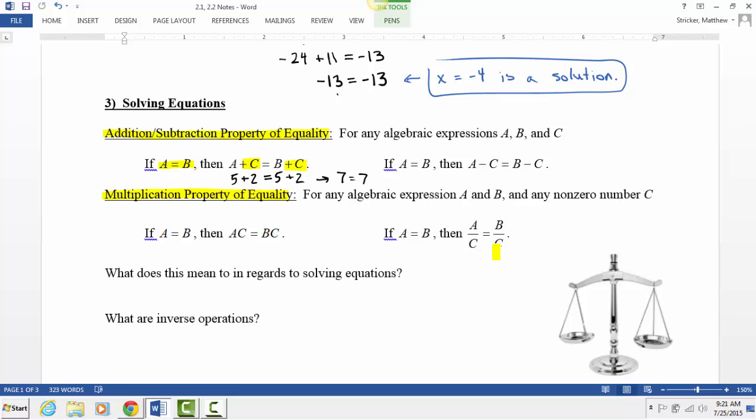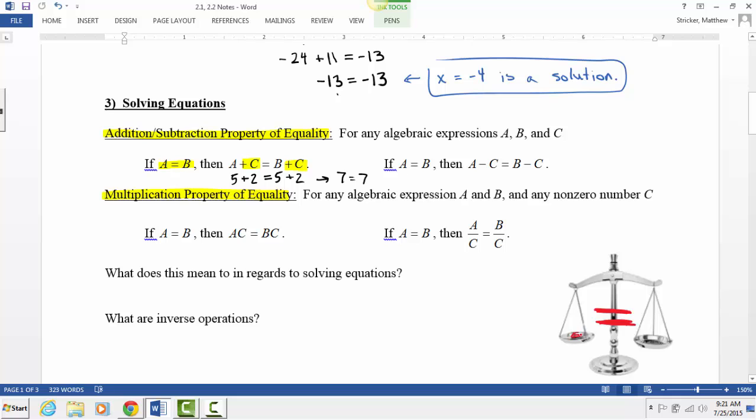Well, why is this important for solving equations? I like to think of that equal sign in an equation as the balance. And any of you that know anything about a balance, a balance is used to see if two quantities are the same. If two quantities are the same, this left-hand side will be at the same level as this right-hand side.